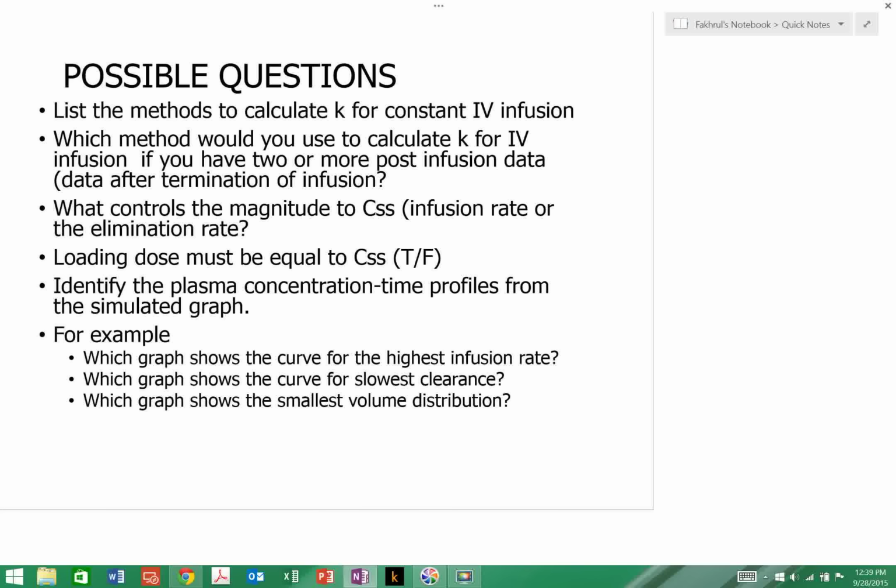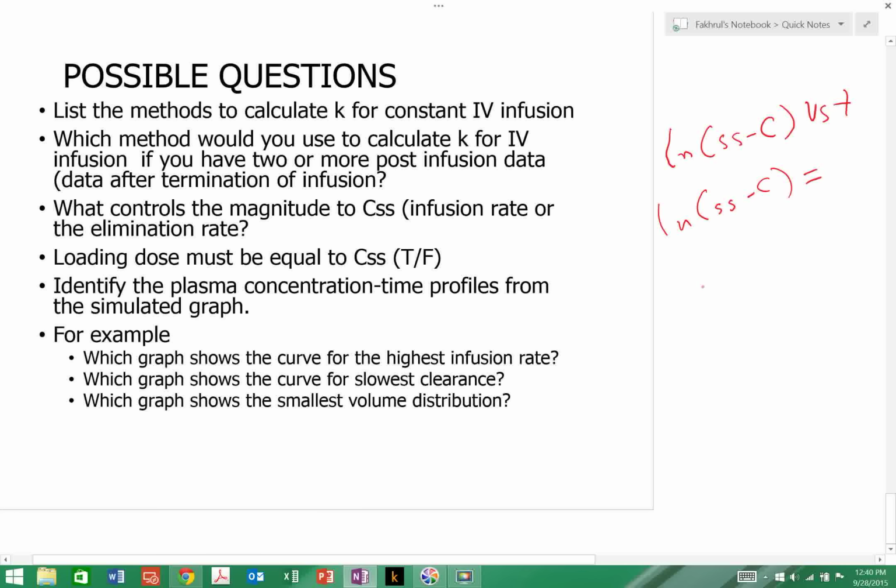Another is to plot log CSS minus C versus time. Another is to use directly the equation for log CSS minus C, and you go back and check with that equation.